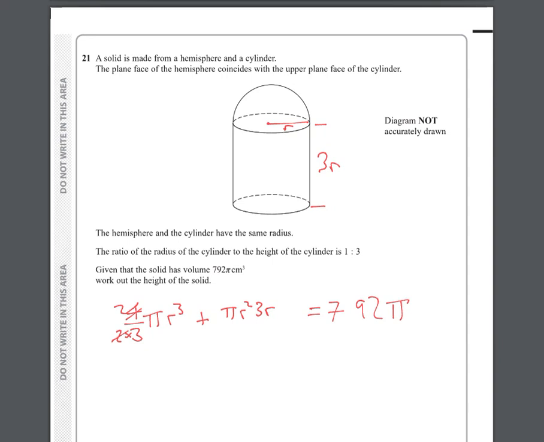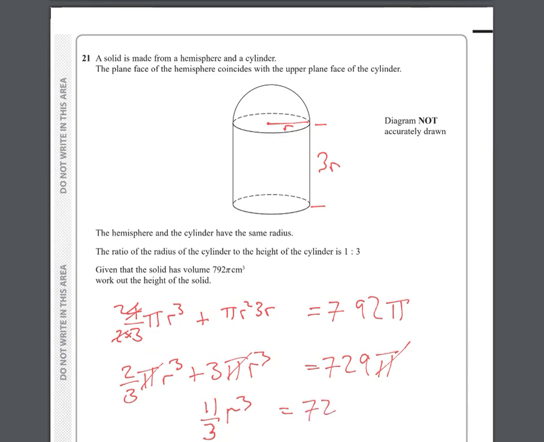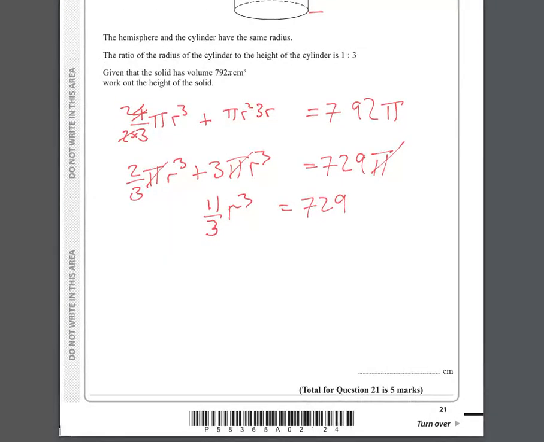So I make this 2/3 pi r cubed plus 3 pi r cubed is 792 pi. So I can divide all the pi's out and I get 3 and 2/3, which in thirds is 11 thirds, r cubed equals 792. So times by 3 and divide by 11.